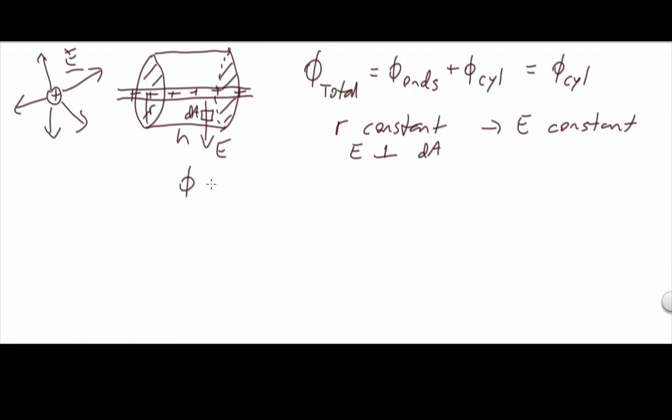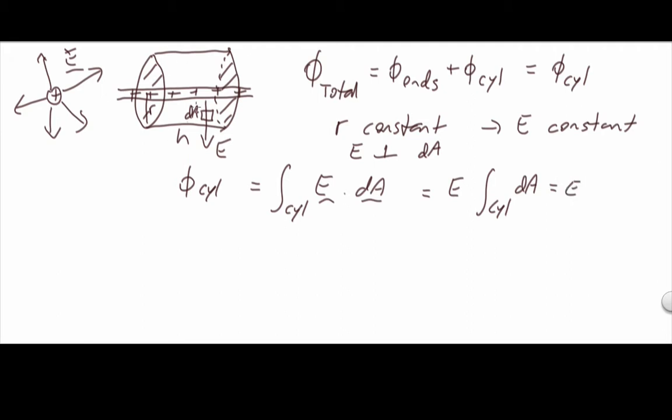So phi is going to be the integral over that curved surface of E dA cos theta, but cos theta is 1. And E is a constant, so we can pull it outside the integral. And we are just integrating the surface of that cylindrical face.